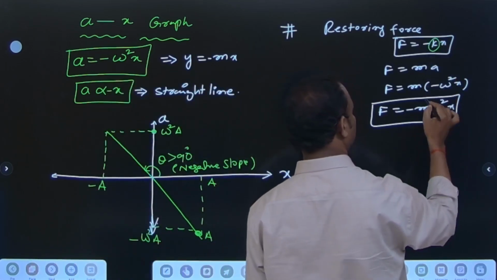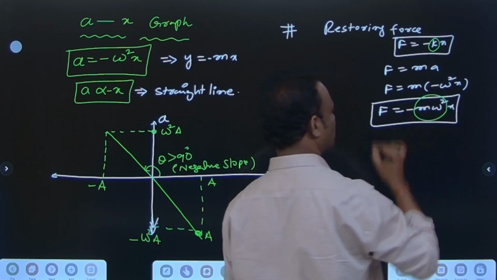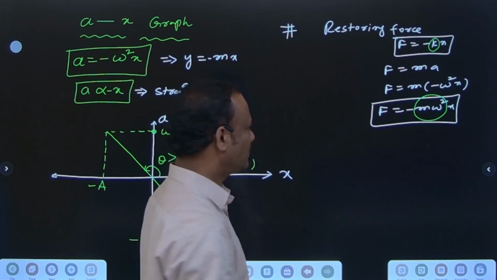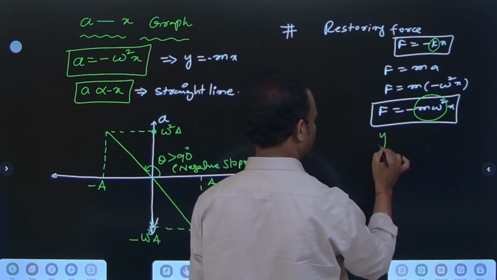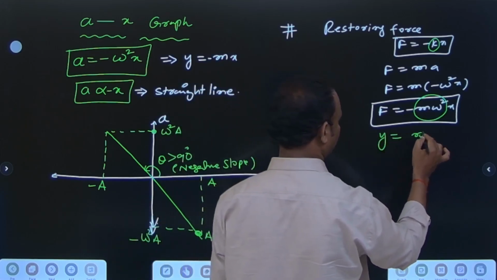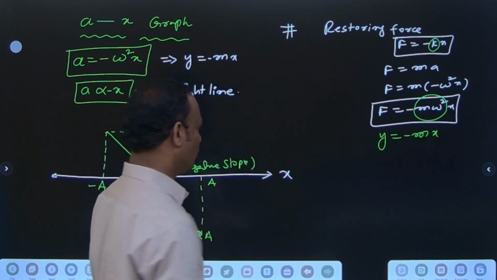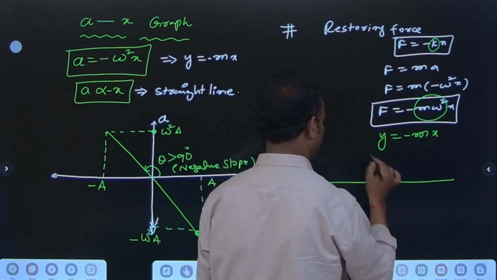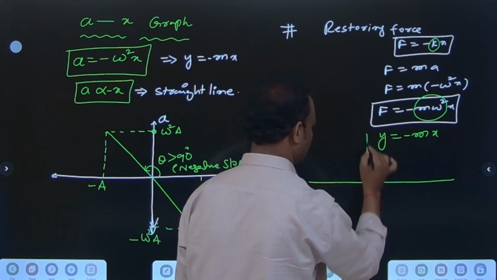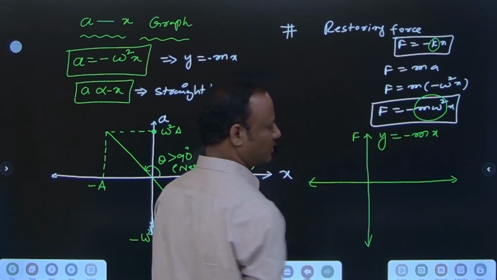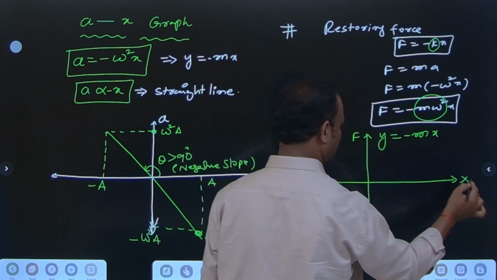You remember K is m omega square. So now we can go for the graph again. Same thing: y is equal to mx, negative slope. Along the y axis is F, the restoring force, and along the x axis is x.